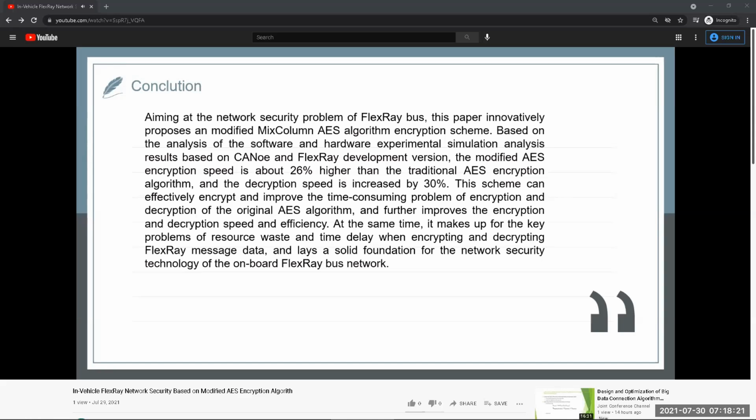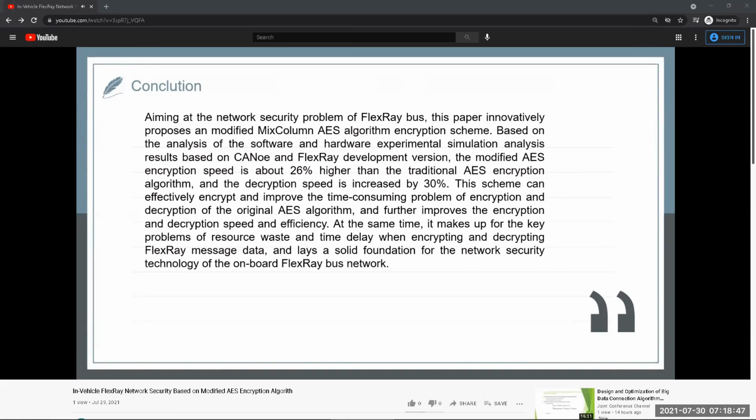higher than the traditional AES encryption algorithm, and the decryption speed is increased by 30%. This scheme can effectively improve the time-consuming problem of encryption and decryption of the original AES algorithm.